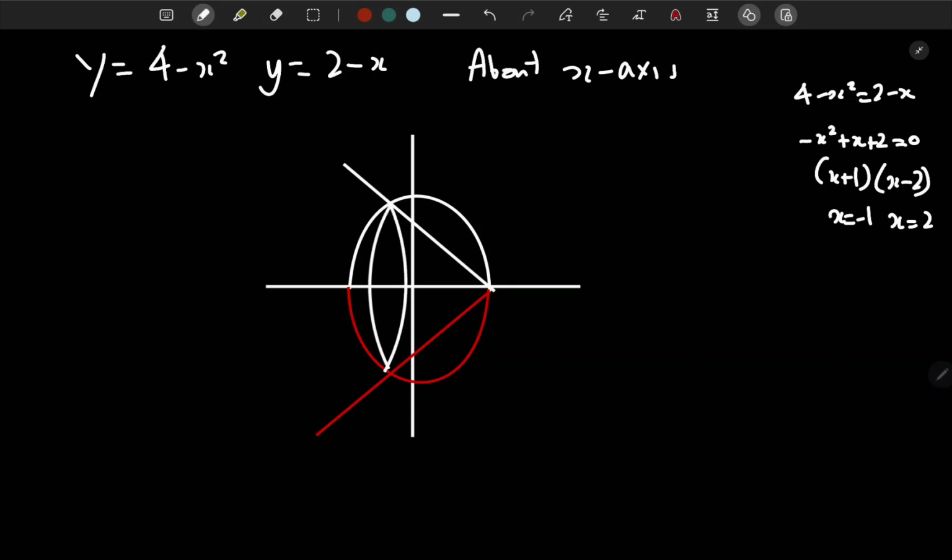And we have infinite number of disks inside. So let me draw one disk from the parabola inside, and the smaller disk inside would be the disk which is bounded by the straight line, right? Like over here. So these are the two disks that we have, and this is why it's called the washer method. If you have a look at the washer nut, it has a hole inside.